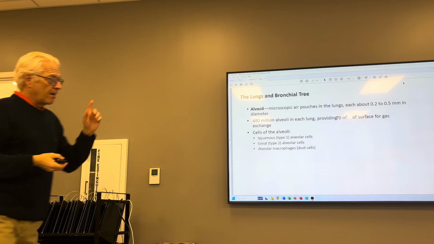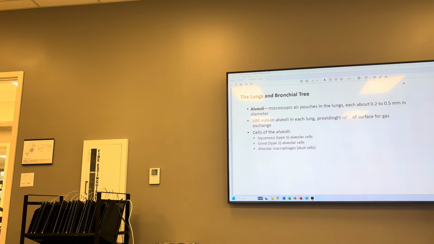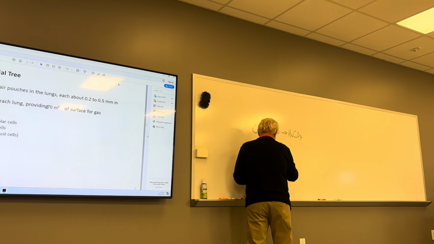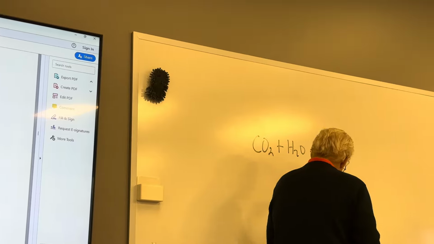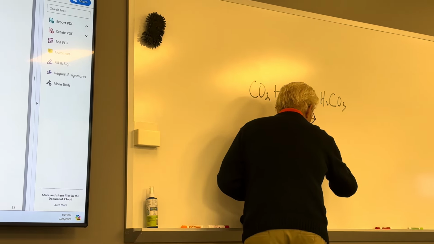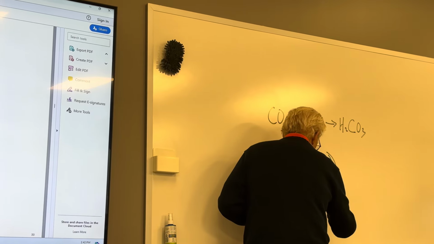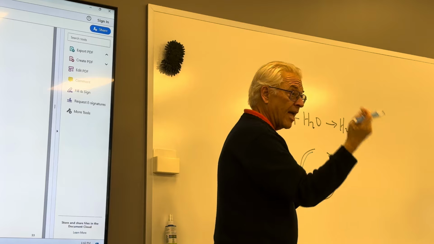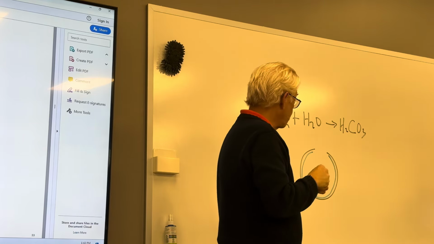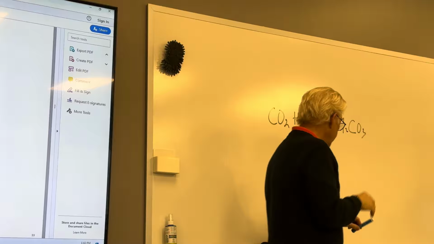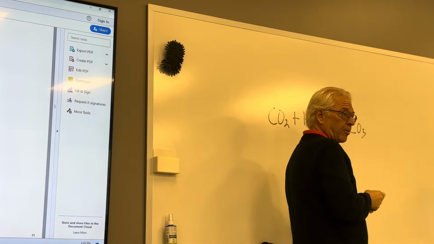All right? Now, here's what we need to keep in mind. Your alveolus is basically a bag, okay? And that bag has a layer of water in it. That's why we have to humidify the air before it comes in. Otherwise, you'll dry out these things and break your alveoli, like drying out a wet tissue paper and then it gets fragile.